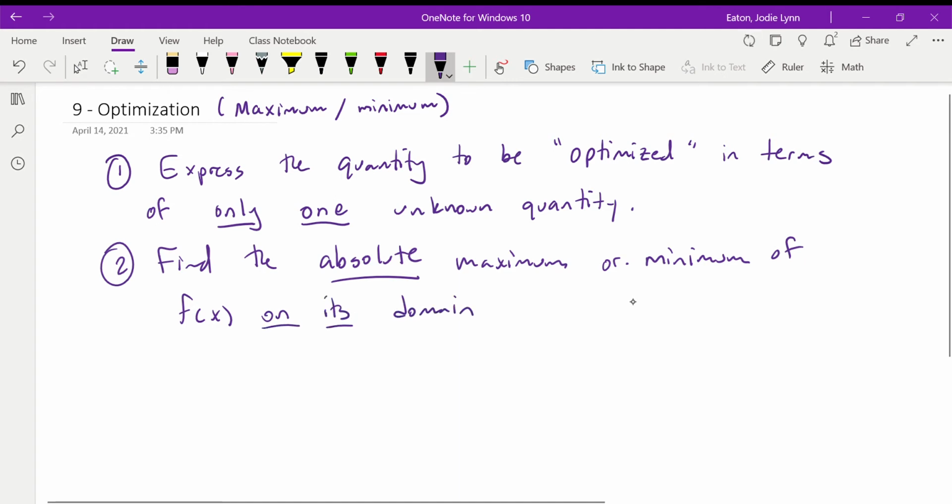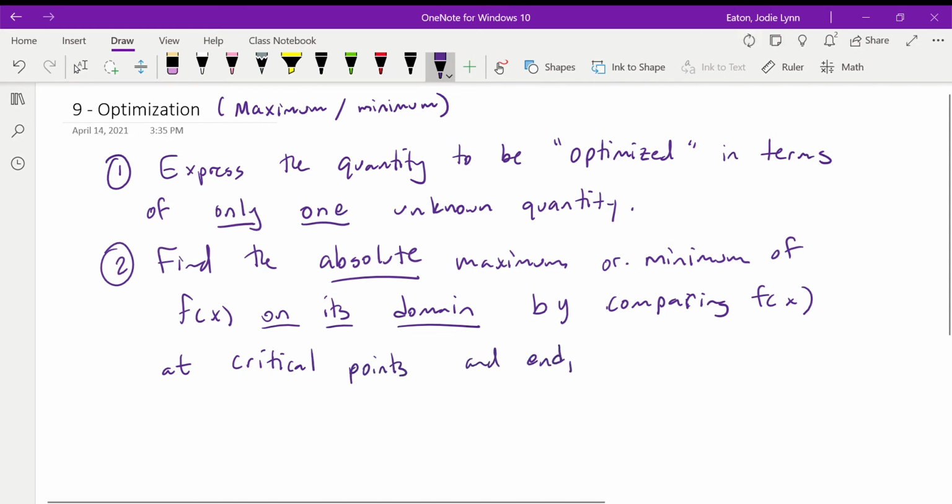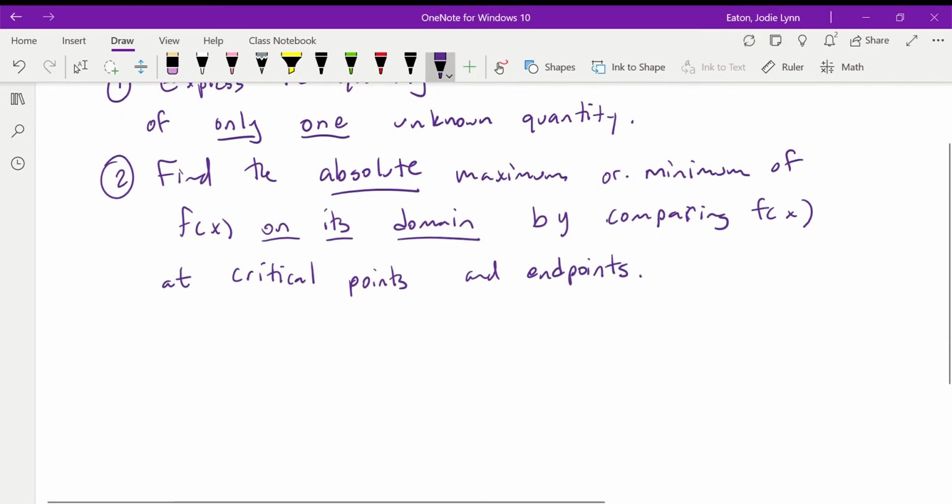So often with these optimization problems, there are going to be some limitations, and we're going to have to compare f of x at critical points and endpoints.